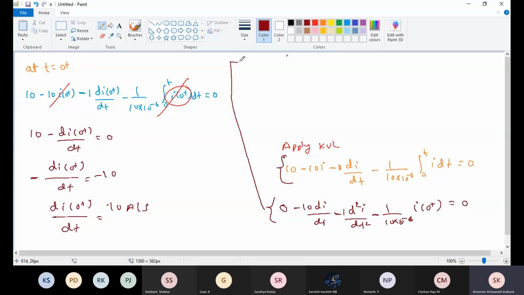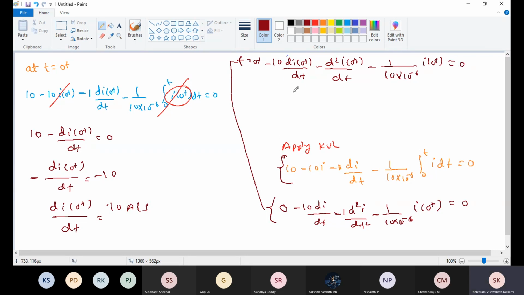Substitute t equal to 0+: minus 10 di(0+)/dt, minus d²i(0+)/dt², minus 1 divided by (10 into 10 raised to minus 6) i(0+) equals 0.